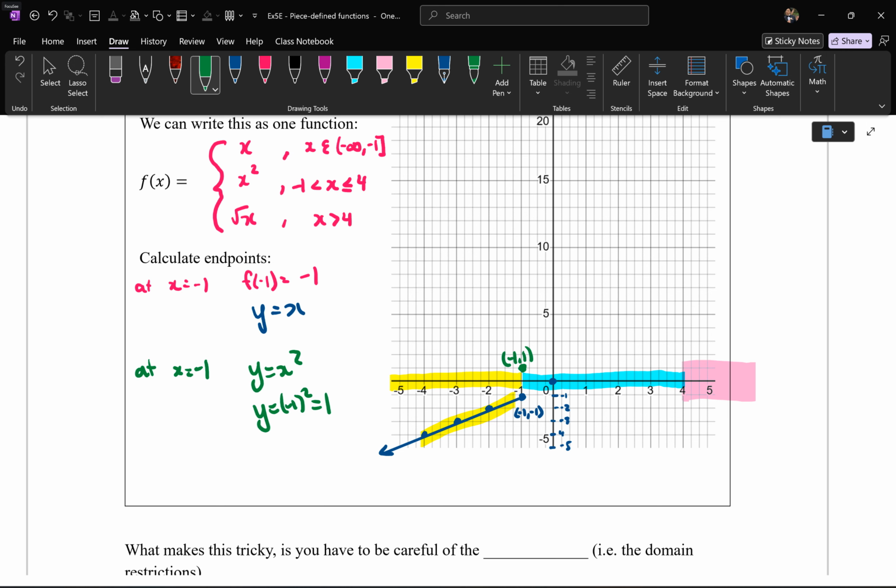I know a quadratic graph is meant to look like this, but we're not sketching all of that. We know it starts off at -1, so it goes to 0, and then we said it should curve all the way up until 4, so now I need to know the endpoint for the quadratic. So we do the same thing again. At x equals 4, the quadratic will equal 4 squared, which is 16.